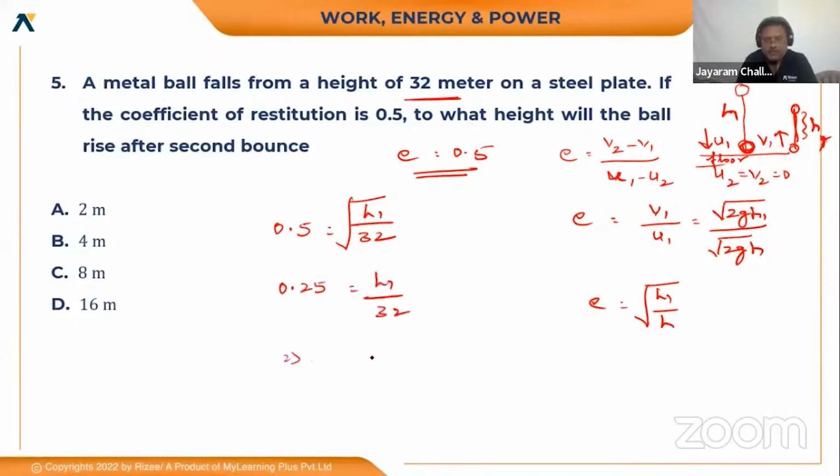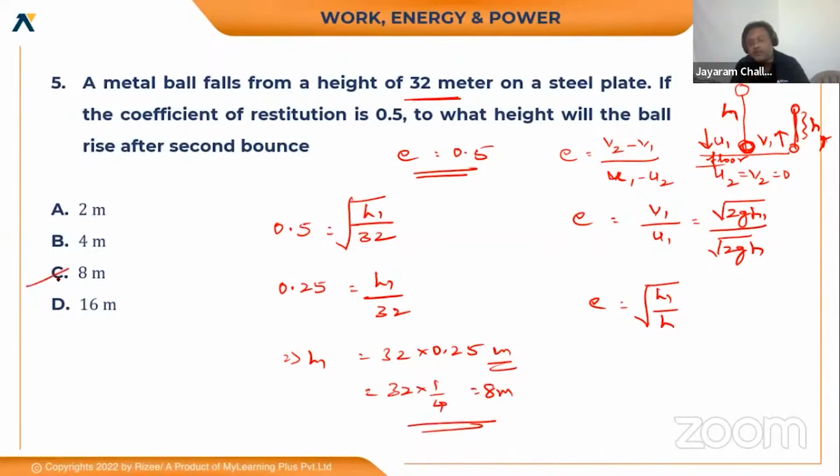So we can multiply: h1 is equal to 32 into 0.25 meters. That is 1 by 4th of this one, 0.25 value is 1 by 4, which is 32 into 1 by 4, that is equal to 8 meters. So like this also you can find out the values by using the coefficient of restitution cases.